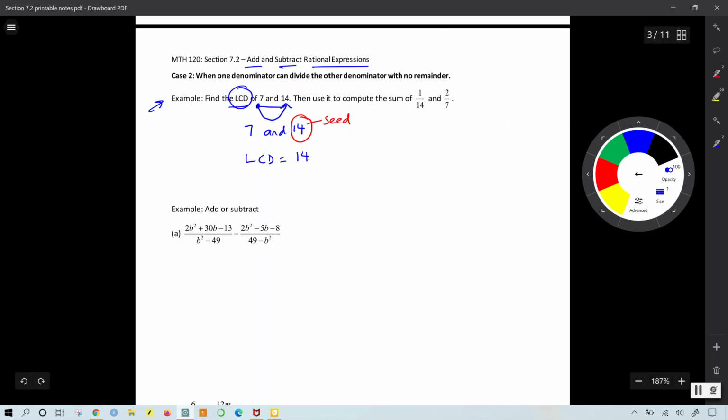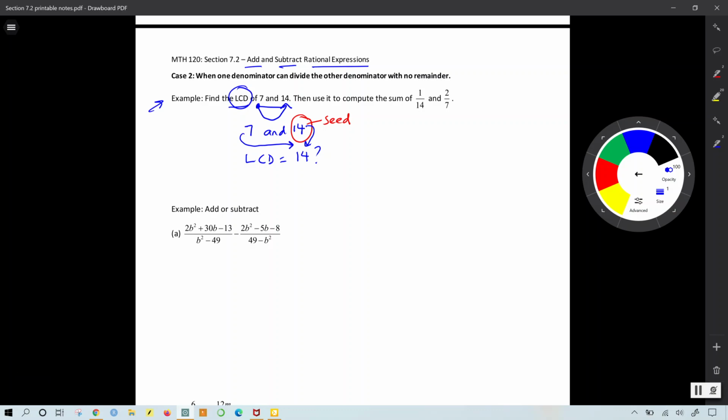So let's say that we want to check if 14 is the LCD of 7 and 14. Well, 14 always divides into itself, so that is a one-off immediately. But we have to check 7. Well, 7 also divides into 14 without any remainder, so it checks out that 14 would satisfy the requirements of a LCD for 7 and 14.